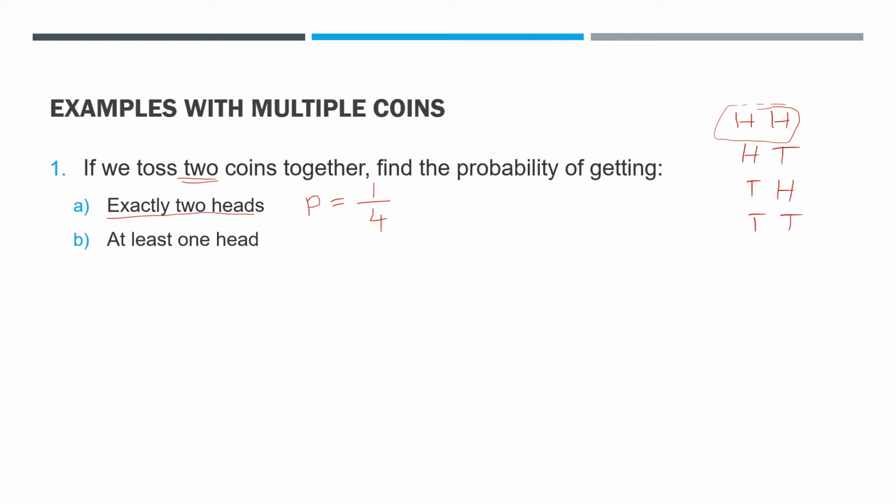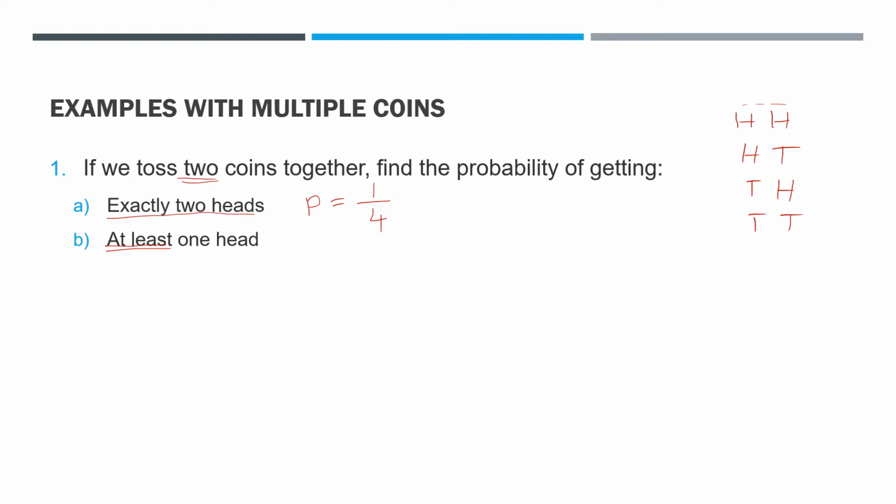Now let's look at the second problem here. This says find the probability of getting at least one head. What does at least mean? You either have one heads, or two heads, because we are tossing two coins, we'll at most get two heads anyway. So either one or two. Let's erase this first one. From these four outcomes, which outcomes are favorable to at least one head?